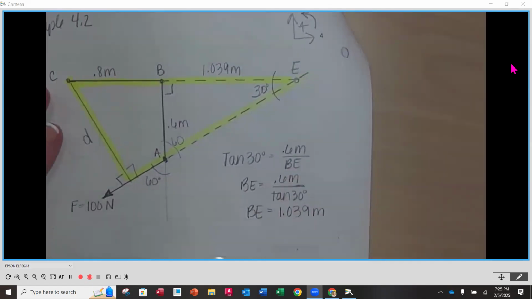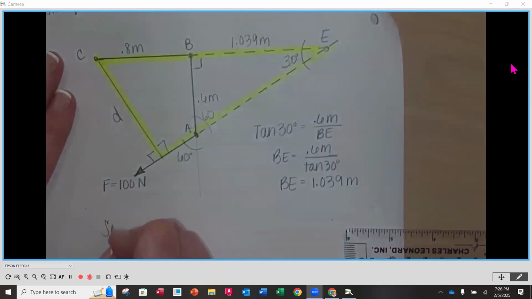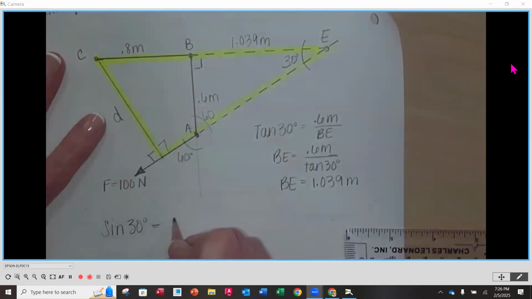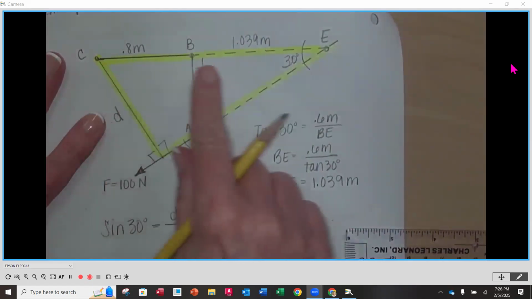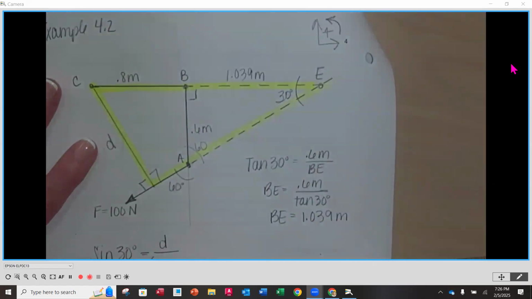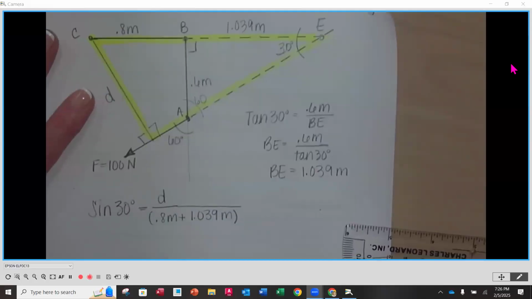Okay, so we're going to use sine of 30 degrees. Sine of 30 degrees is going to be equal to the side opposite, which is D, divided by the hypotenuse, which is 0.8 meters plus 1.039 meters, all underneath there. So this is the full hypotenuse down there.